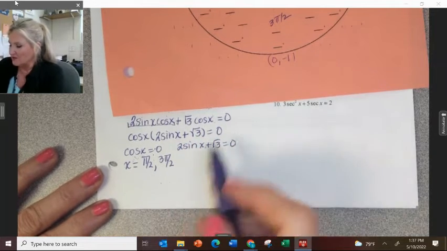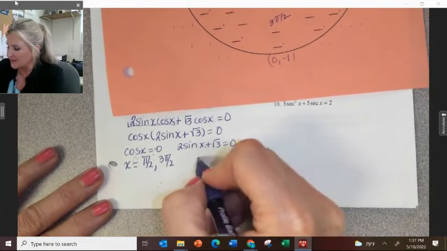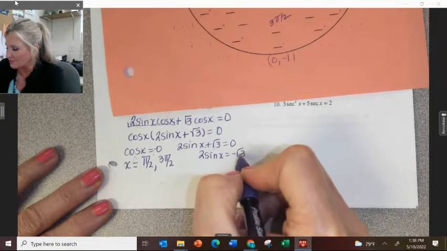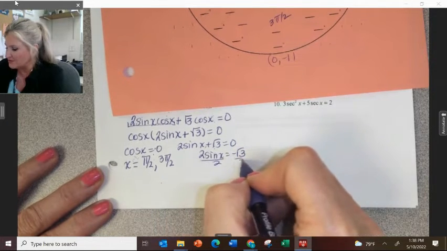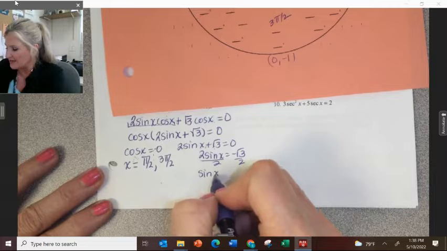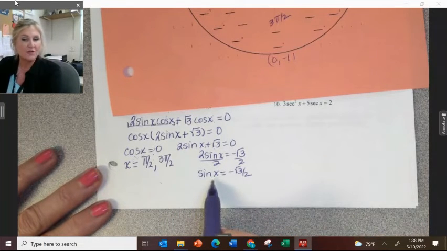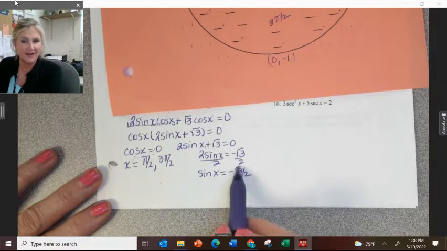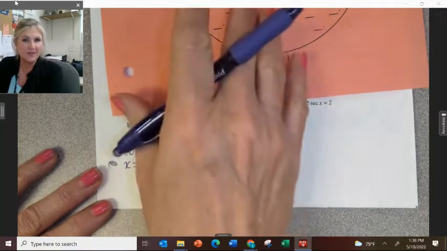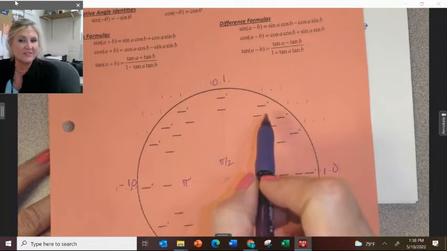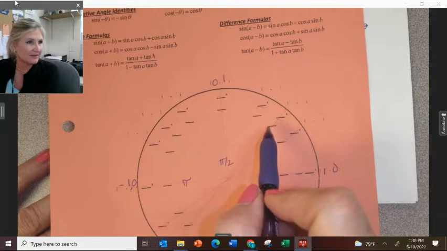Great. Now, solving this one, you had to take over that radical 3, and it becomes negative radical 3. You had to divide by 2, so you get sine x equals negative radical 3 over 2. We're trying to find what is the angle that has a sine of negative radical 3 over 2. On the unit circle, what is sine representative of, x or y?